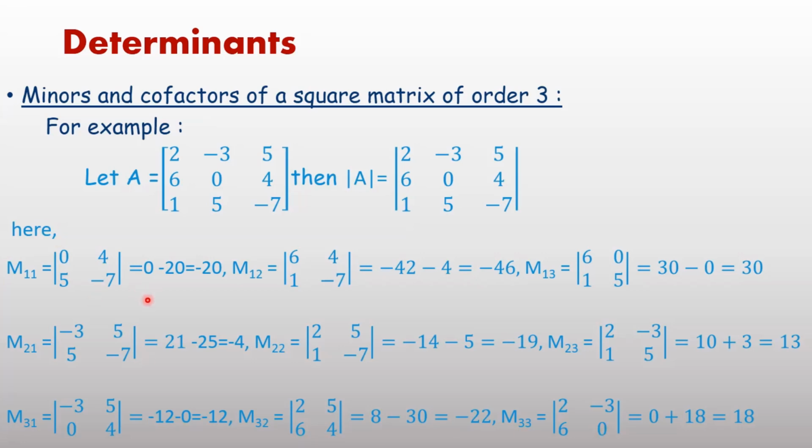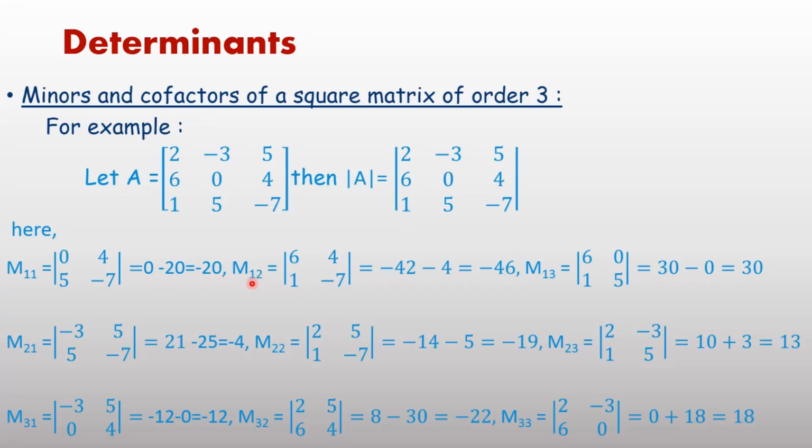Just observe here, if you write cofactor, what is the change? Value of minor and cofactor remains the same if its position is even. Even means if the sum of the numbers written is an even number. M11, 1 plus 1 is 2, so whatever the minor is, you get the same value as cofactor.